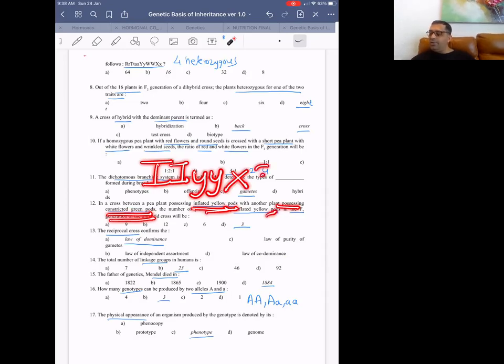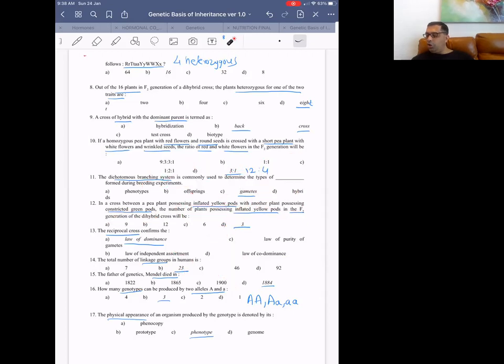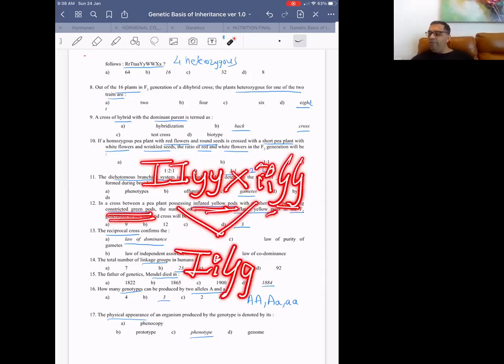So constricted is recessive, but green pods is dominant. तो इससे F1 generation क्या आएगा? F1 generation will be capital I small i, capital G small g, inflated green pod. So ये वापस से inflated green pod हो गया.